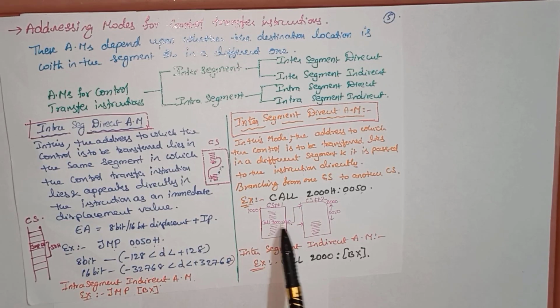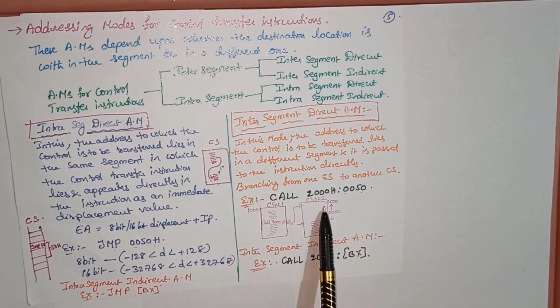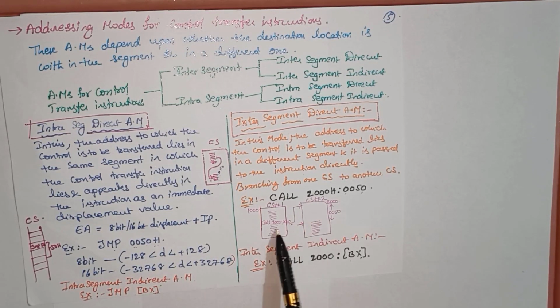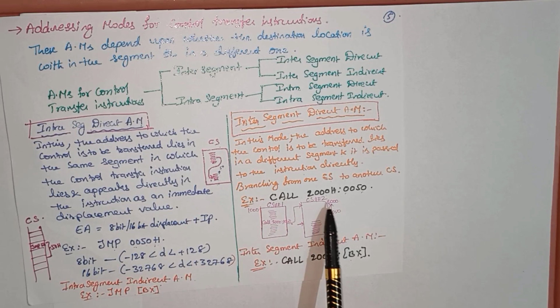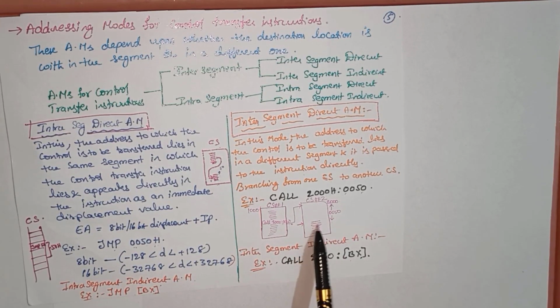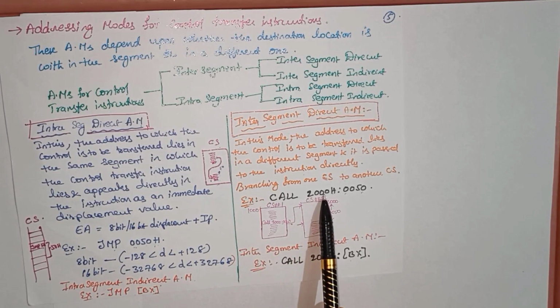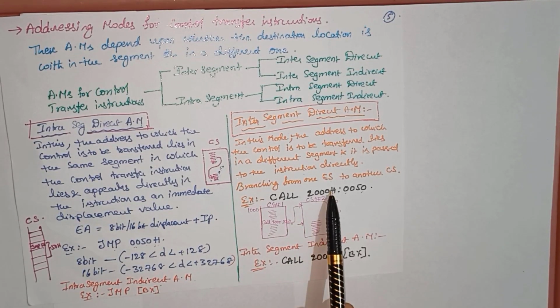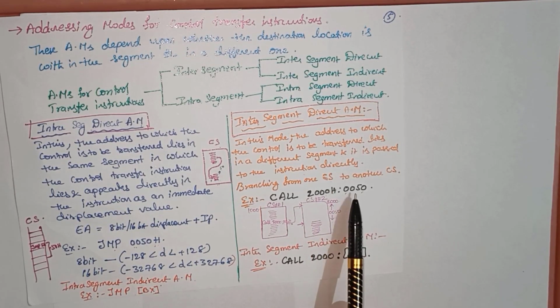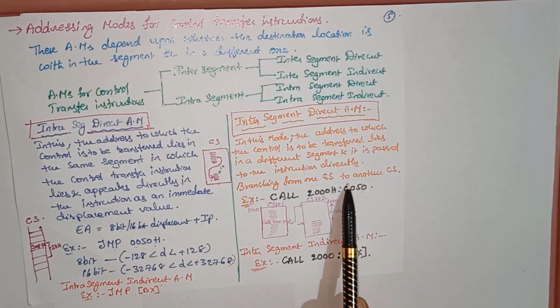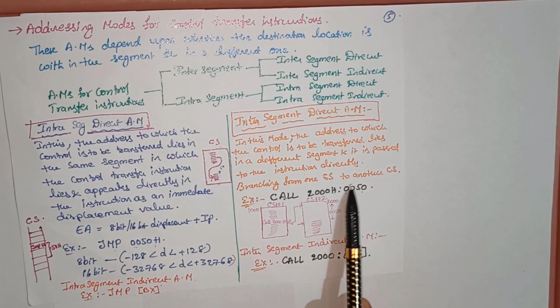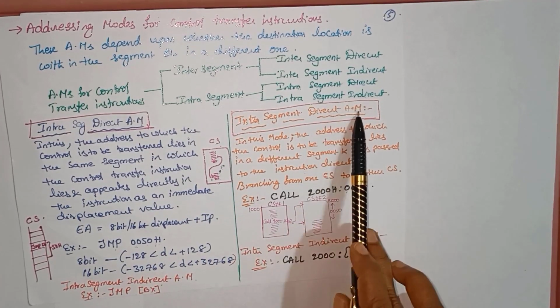Then the processor jumps to the next segment, and with the help of this offset address 0050, jumps to the specified instruction. Likewise this offset address is mentioned in direct way or indirect way. For example, call 2000H is the base address of the code segment and 0050 is the offset address. If we mention the offset address like this, we call it direct addressing mode.